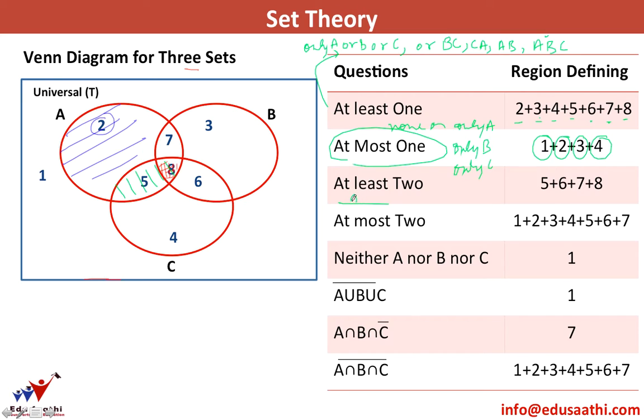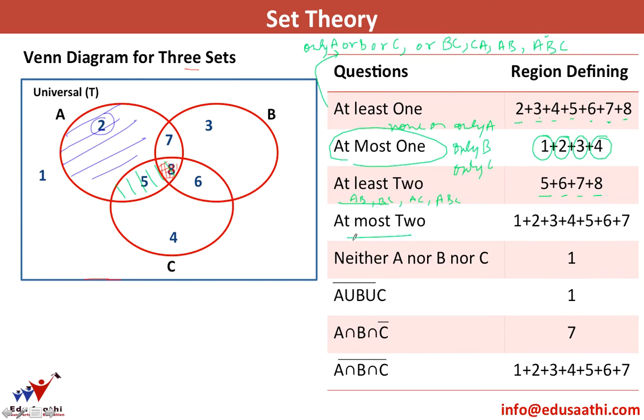So I have either only AB, or only BC, or only AC, or only ABC. So I have 5 here, which represents only AC, 6 here, which represents only BC, 7 here, which represents only AB, and 8 here, which represents only ABC.